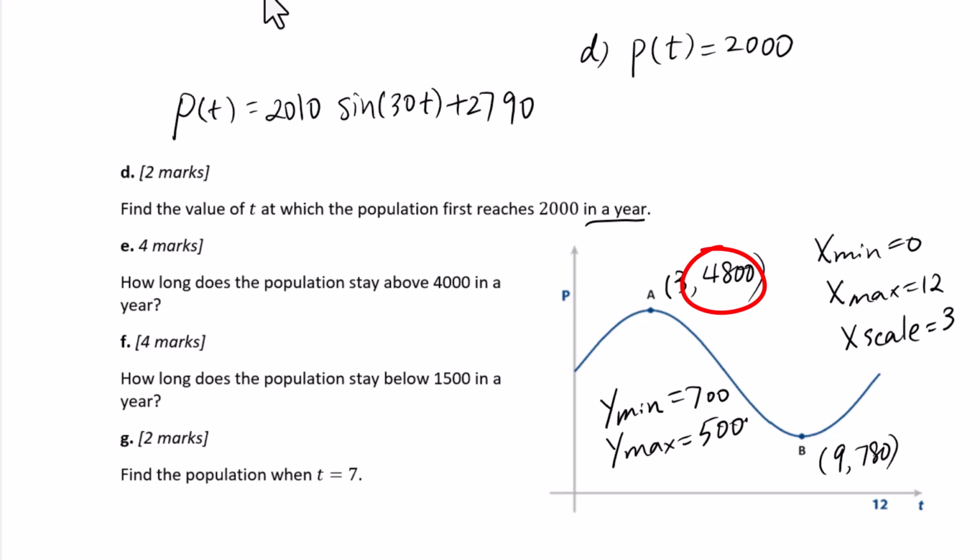Let's use 5,000. Y scale, you can use 100 or 200 or 300. It's really up to you. Let's use 100. We will put P of t into f1 of x, and 2000 into f2 of x.